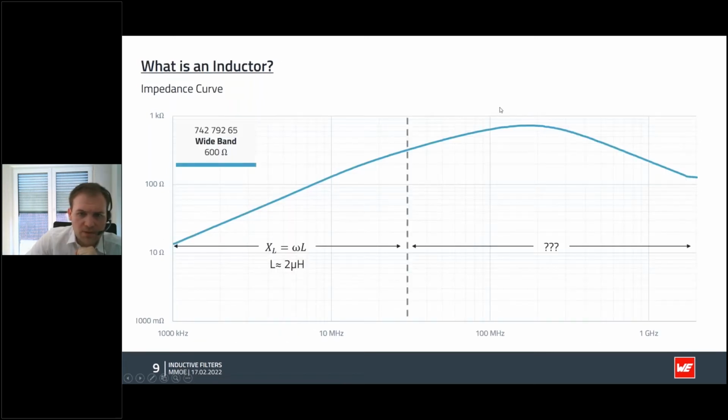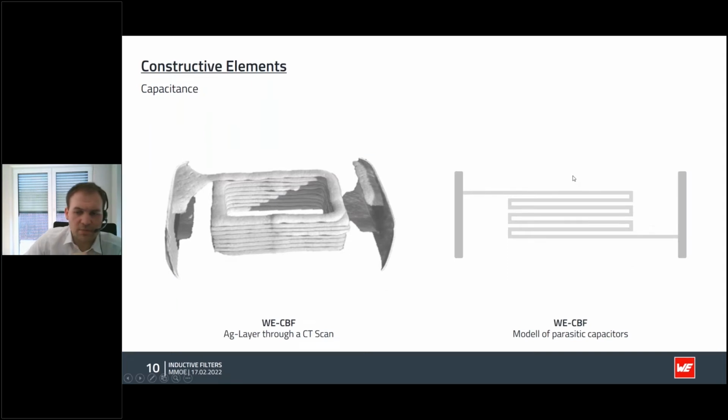The first thing that we see is that the impedance curve takes a drop after the self-resonance frequency. And this drop is explained by the parasitic capacitance inside the ferrite. Every real component will have some parasitic elements that cannot be avoided. In every inductor, there will be some kind of interwinding capacitance, so a capacitance between the different windings.